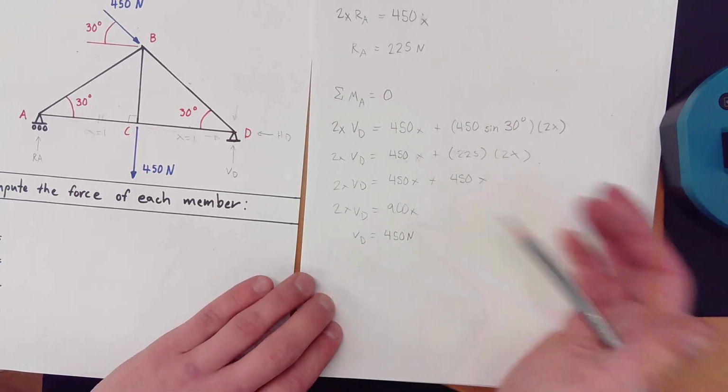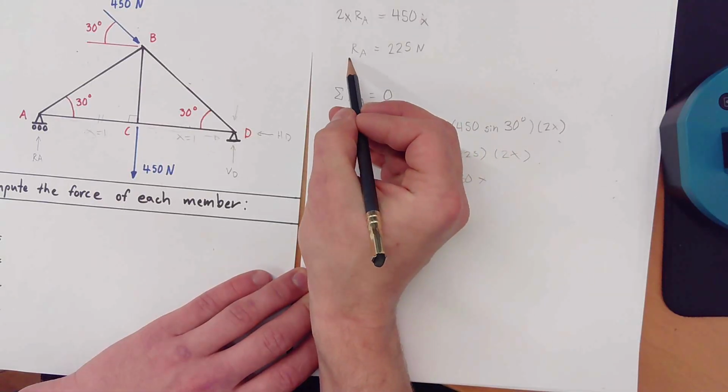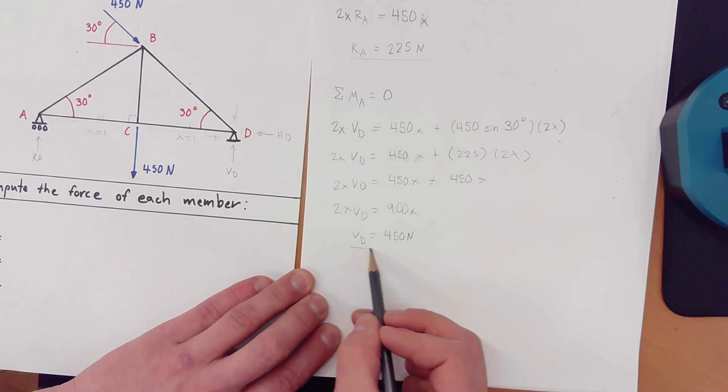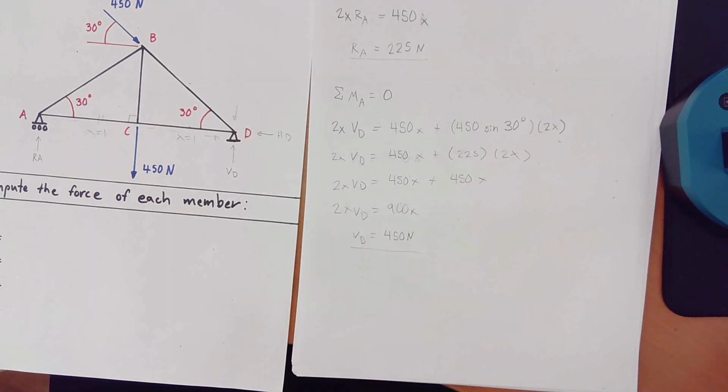So we're starting with this and with this. Once we've calculated the moments around each joint, we can start to look at the forces in individual members.